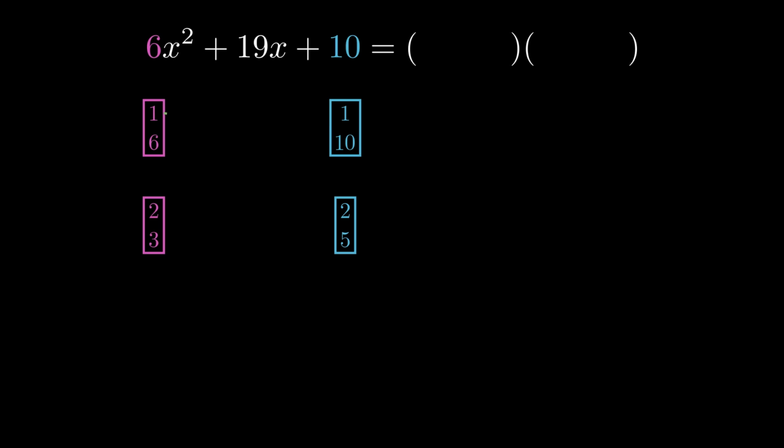So if I multiply 1 and 10, I'd get 10. But if we took this, we'd be forced to take 6 times 1 as well. That'd be the other multiplication between the brackets, okay? But that's 6, and they total to 16. Which is close, but not quite what we're looking for. Okay, but if we look at all the other options for this 10, the totals are way too high. We have overshot. So we'd exclude the 1 and 10 option.